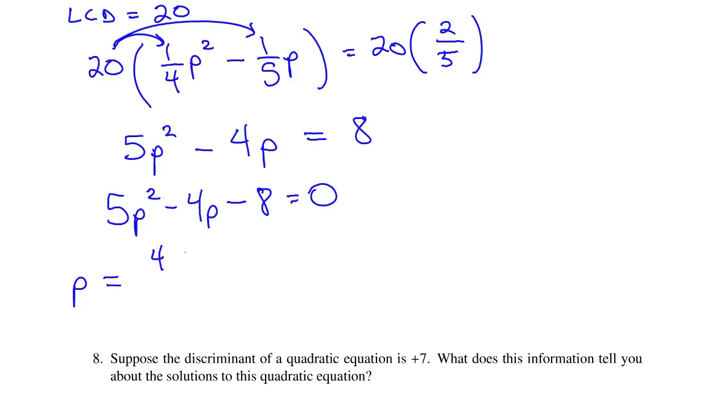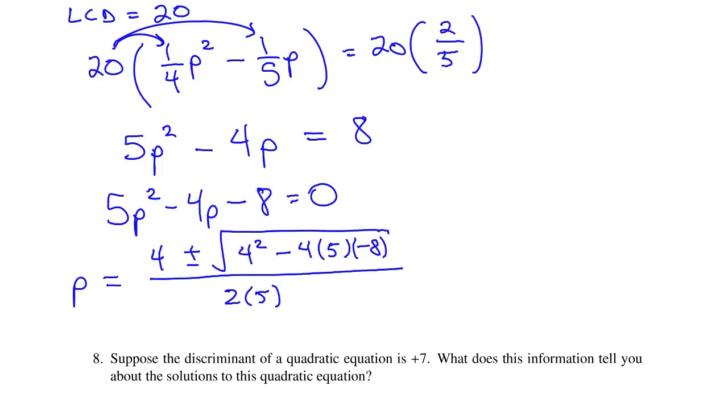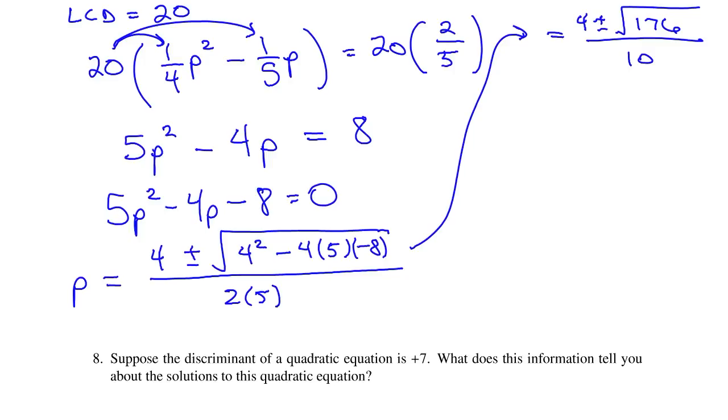So we get negative 4 plus or minus the square root of 4 squared minus 4 times 5 times negative 8, over 2 times 5. This is then equal to negative 4 plus or minus the square root of 176, divided by 10. 176 can be factored as 16 times 11. So remember, the key there is to pick off a perfect square and then a non-perfect square.